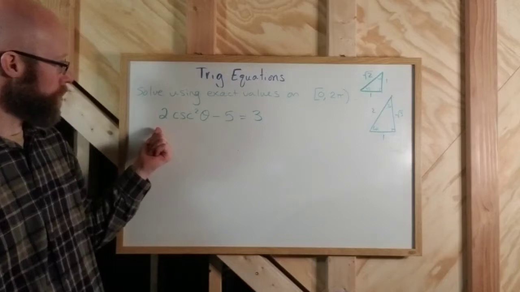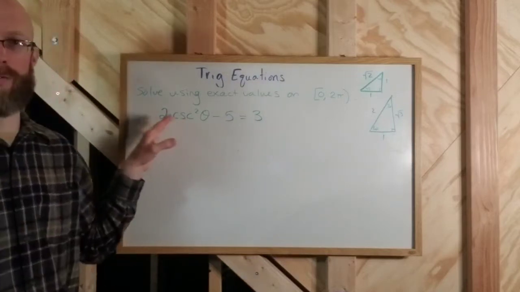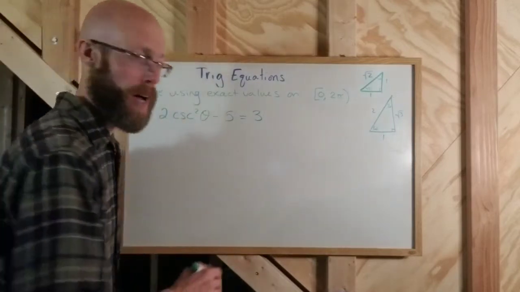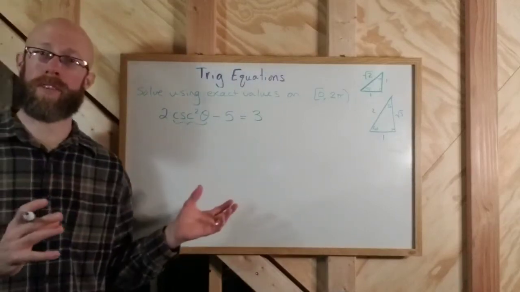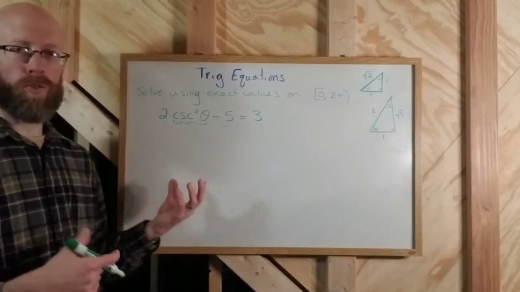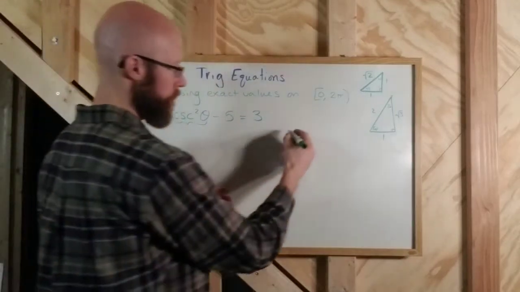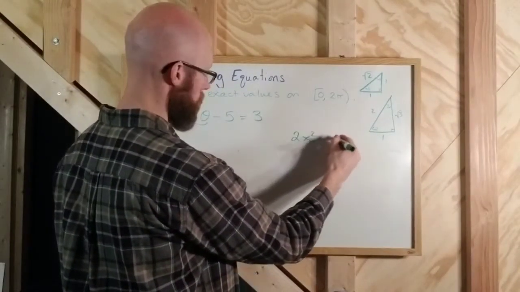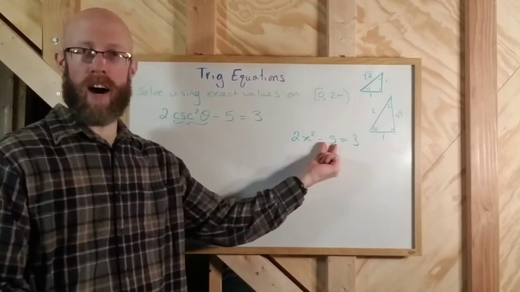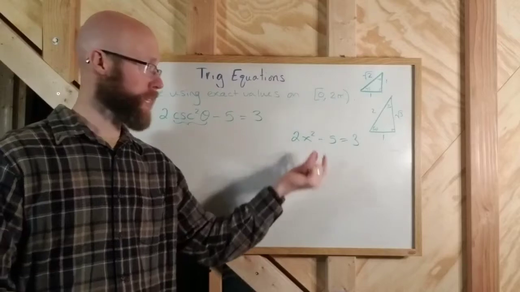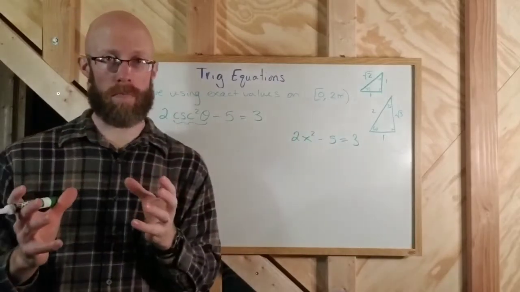Okay? So first of all, right now, I just want to isolate the cosecant squared. I've got to get that thing by itself, right? So I want to eliminate all the stuff that's around it. Just like you would if you were solving the equation 2x squared minus 5 equals 3, you would add the 5, divide by the 2, and then eventually you'd have the x squared by itself.